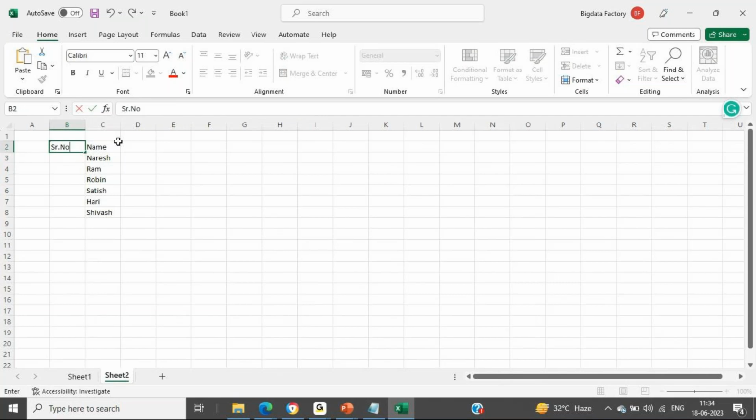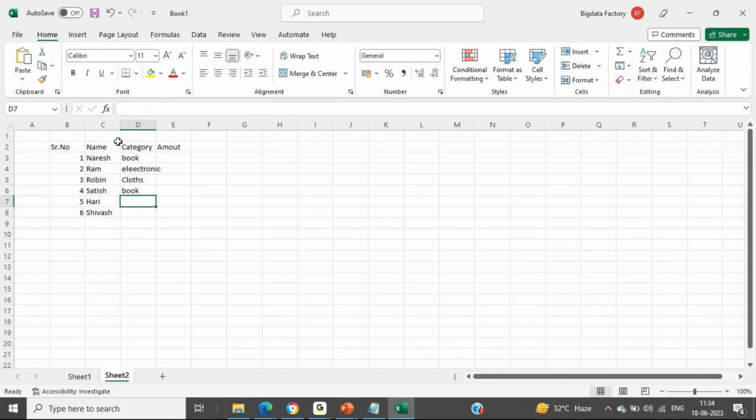Serial numbers 1, 2, 3, 4, 5, 6, and then say category and amount. Category: book, electronic, electronic, clothes, book, book. Okay.